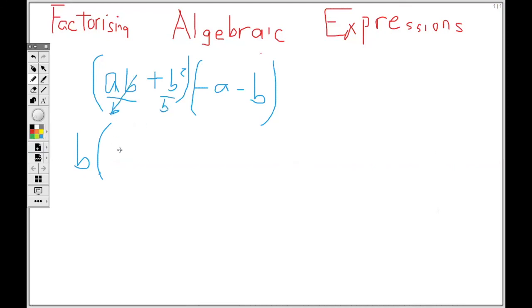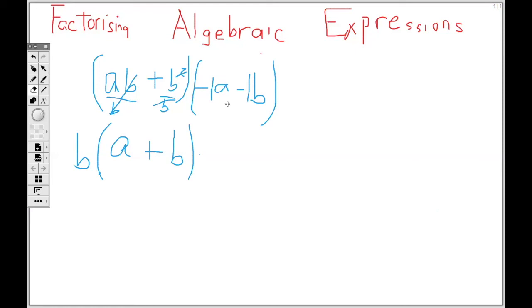This cancels, so I have a remaining, then b into b squared: one of the b's cancels, so I'll be left with b. We can put 1 in front of the a to remind ourselves that the coefficient is a minus 1 here.